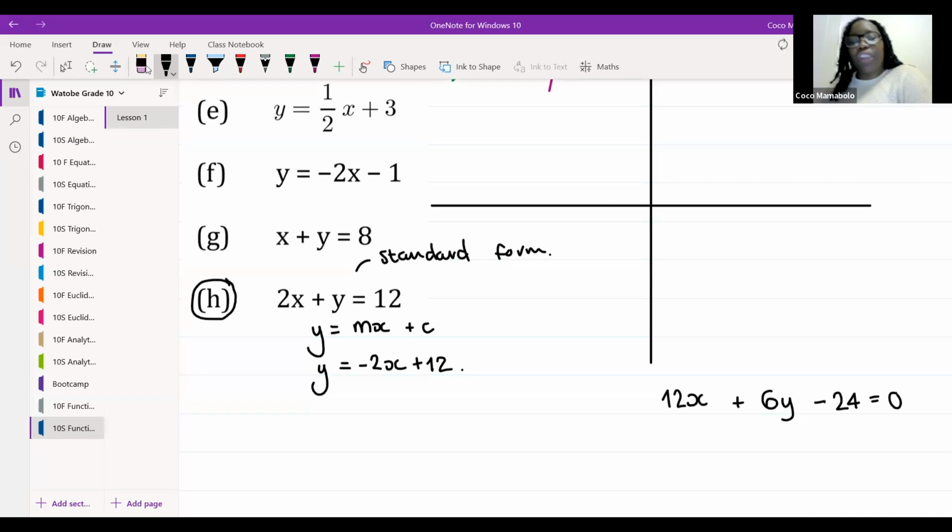Now, what I've given you guys over here is the standard form. I want you guys to take the standard form and change it into the point-intercept form.